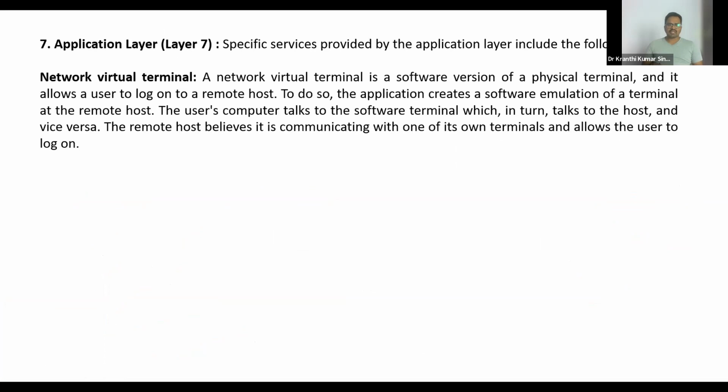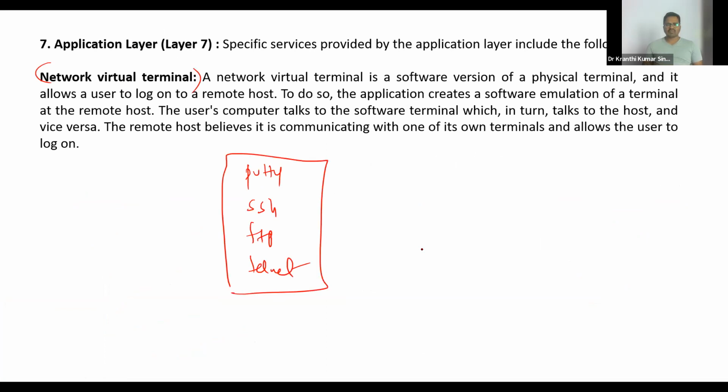And some other responsibilities of the application layer is network virtual terminal. So there are different types of network virtual terminals. We say PuTTY, SSH, FTP, Telnet, many combinations are there, right?